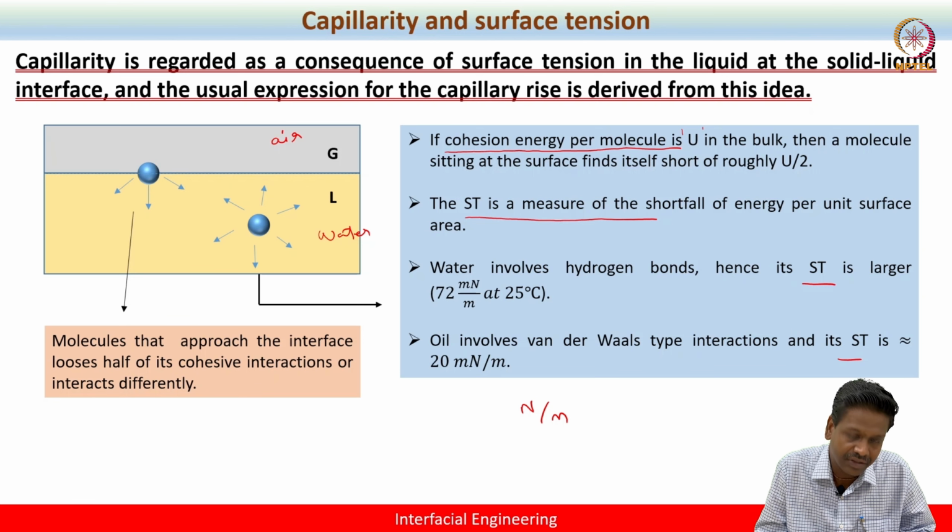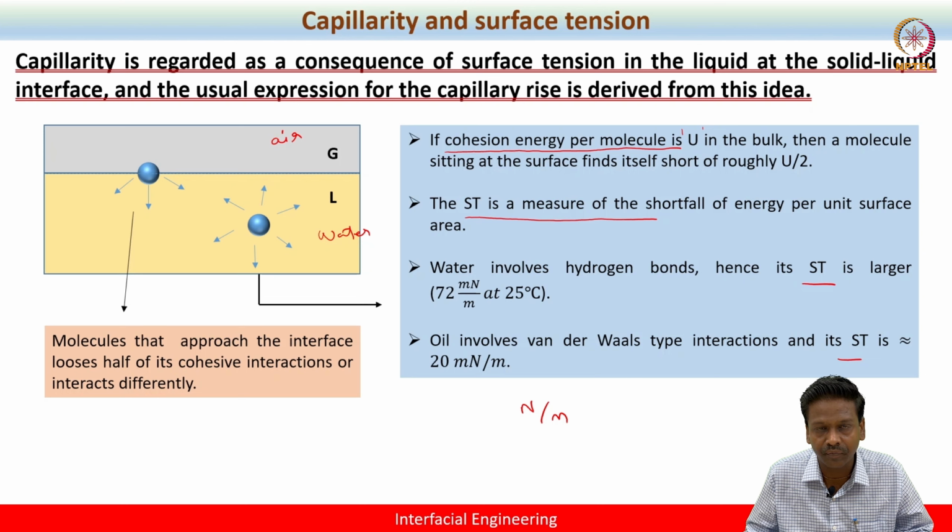What if I replace this air with some other fluid, or some other liquid? Say, for example, I replace air with an oil-like substance. So you will have two immiscible liquids, one is water and the other one is oil. In this case, what will be the surface tension?